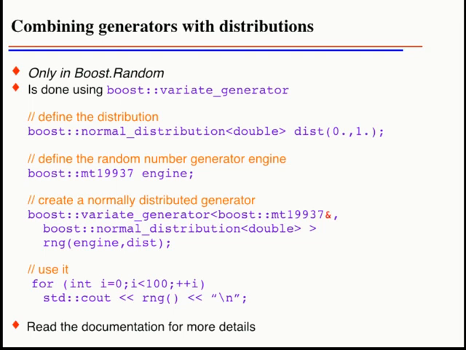The Boost random library provides you this variate generator object, which takes an engine and a distribution, and in the end you get out an object, RNG, that you can just call without any argument. So this is very convenient if you have to pass it to some standard library or some other generic function that has this requirement.